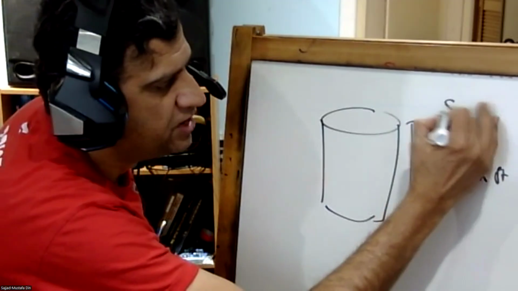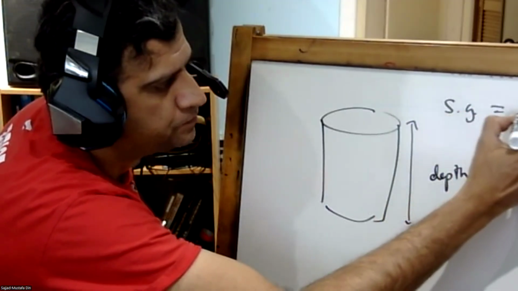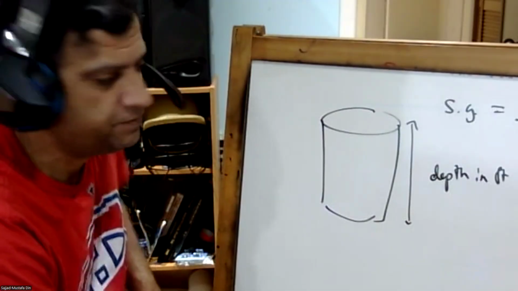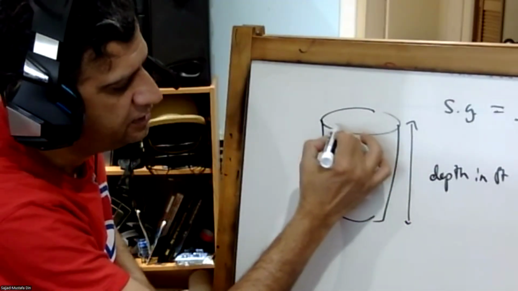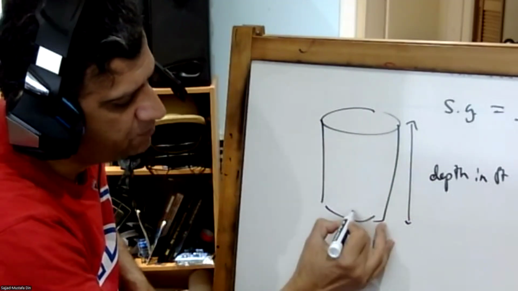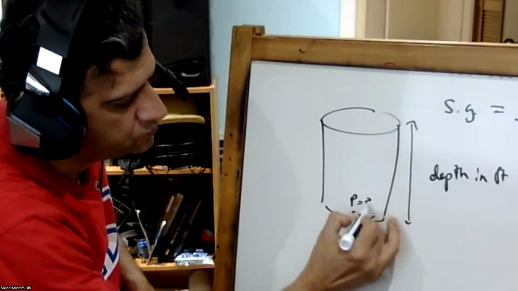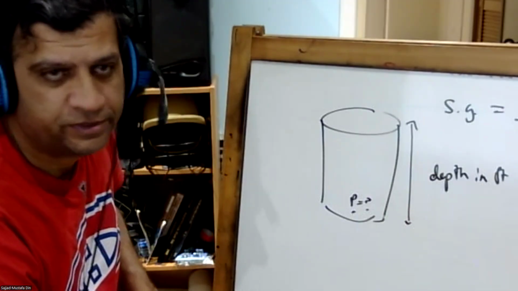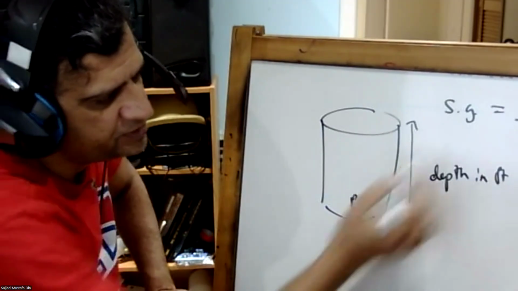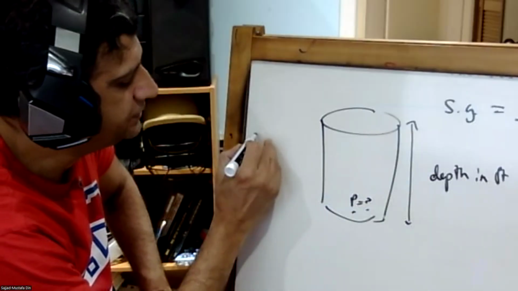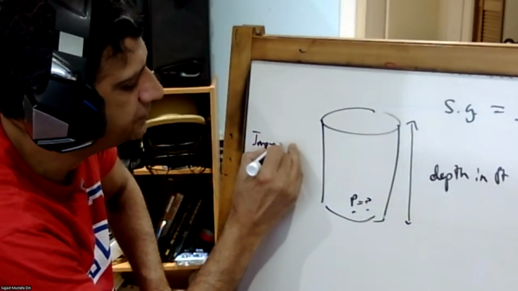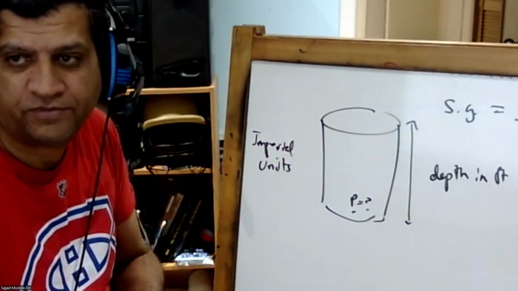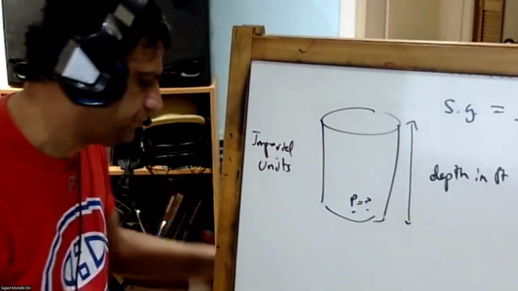And you're given the specific gravity of the oil. Now you need to determine the pressure because of all of that oil that's sitting in this drum at the bottom. You've got all this oil sitting at a depth of a certain number of feet. You're given the specific gravity, and you're going to use the imperial units. I believe we solved a few questions like this already.